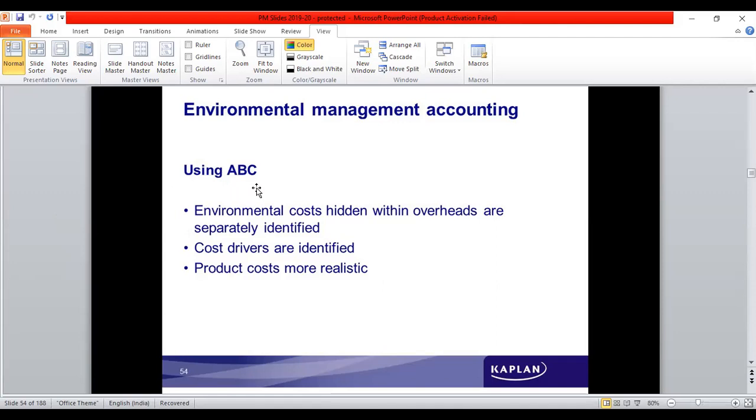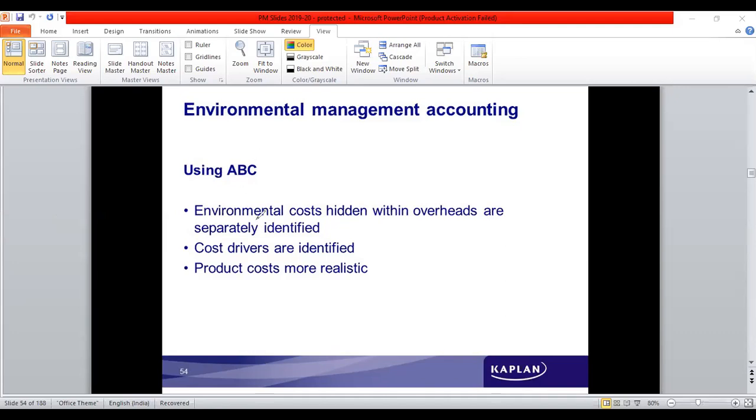We see that environmental management accounting has to account for all the costs. So there would be direct costs, there would be overhead costs also. When overhead costs have to be allocated, traditional costing was not very helpful, as we discussed yesterday. So activity-based costing can be used to allocate the overhead costs appropriately.